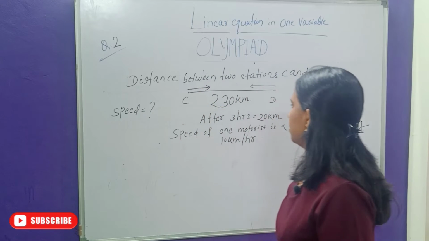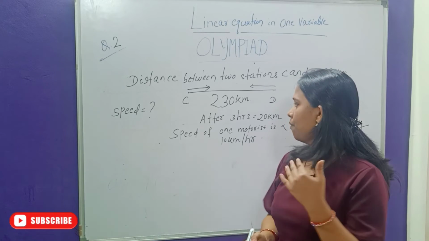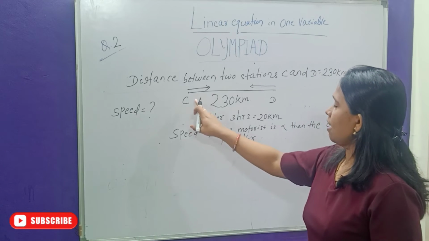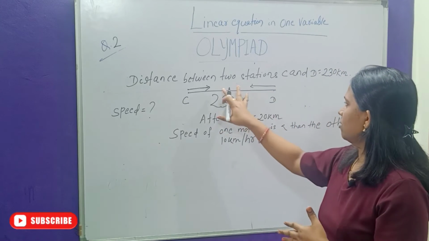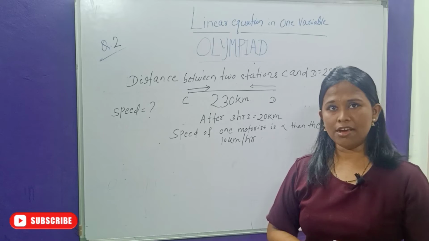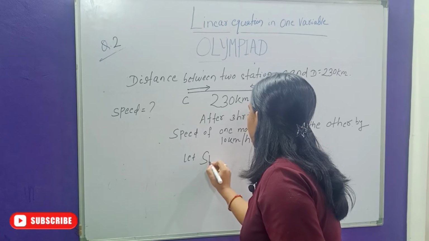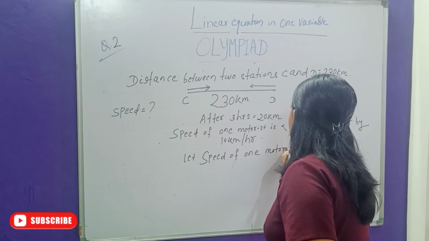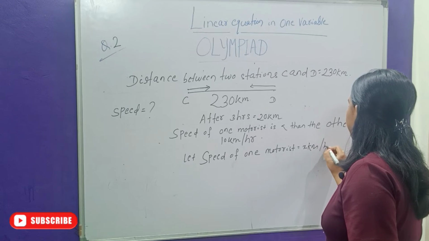We have to find the speed. How will we find it? First we have to think about the logic, then formulate the equation from the word problem. The two motorists start simultaneously in opposite directions, after 3 hours the distance is 20 kilometers, and the speed of one is less than the other by 10 kilometers per hour. So let the speed of one motorist be x kilometers per hour.